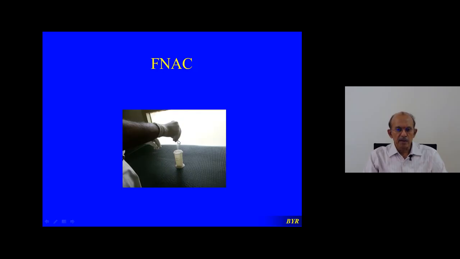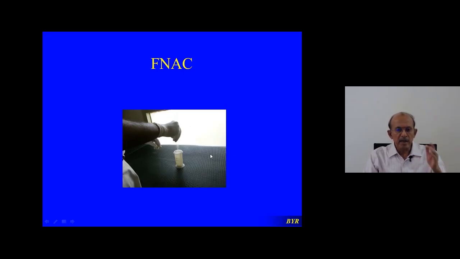So after it is smeared on the slide, you place this slide in a container containing absolute alcohol, absolute isopropyl alcohol. So what will happen? The alcohol will cause dehydration. It draws water. So with this, the film gets dehydrated. The film means what you have smeared there.